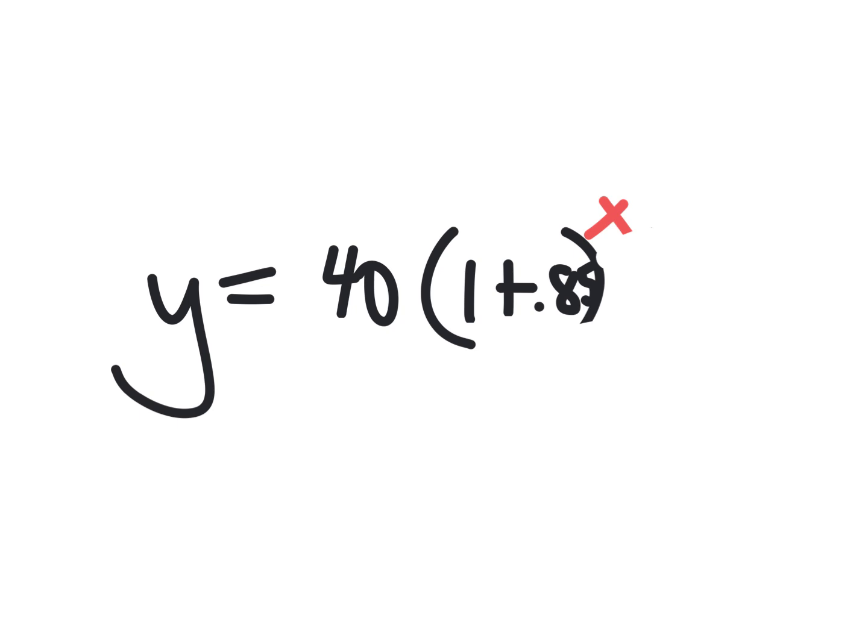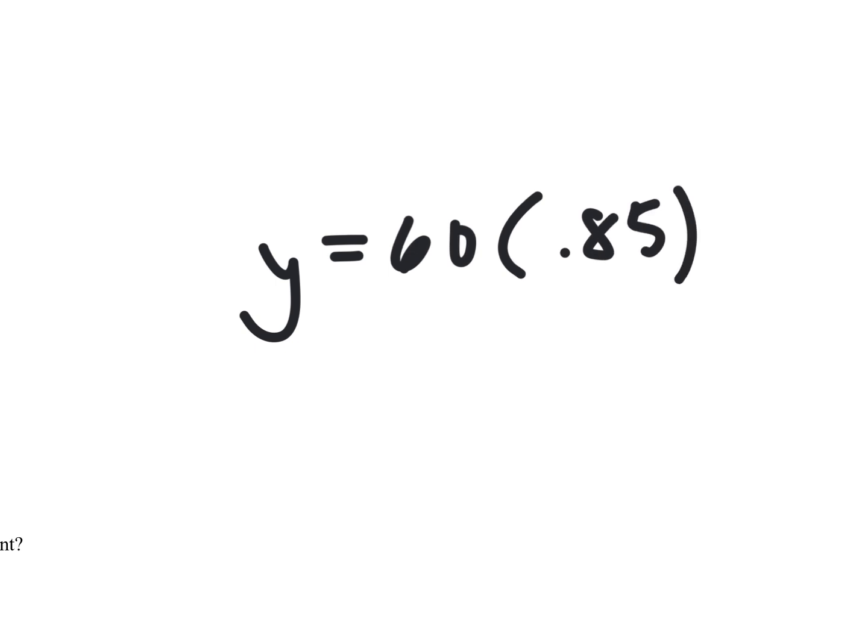All right. Do you feel like you understand how to set up an equation like that? Good. What if I did this? y equals 60, but then it does 0.85 to the x. Something feels different about that. Is it still exponential? Yes. But it's exponential what? Decay by what percent? 15.